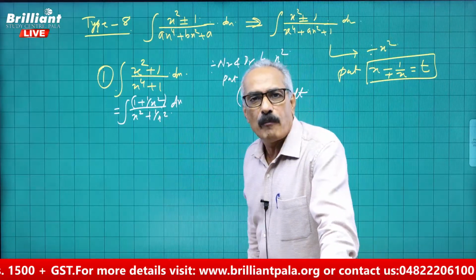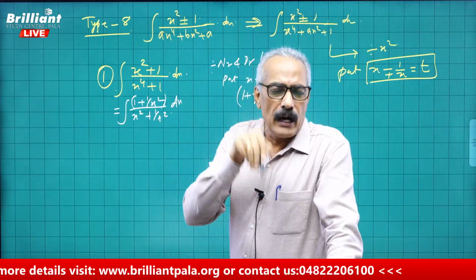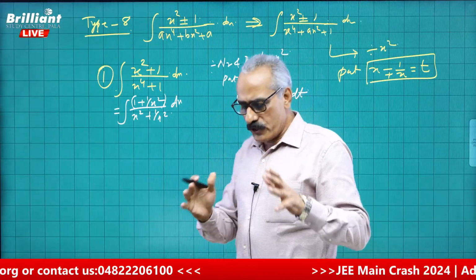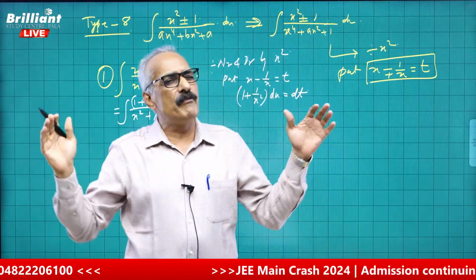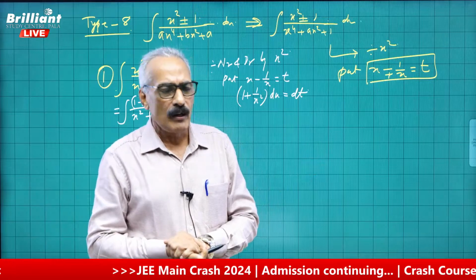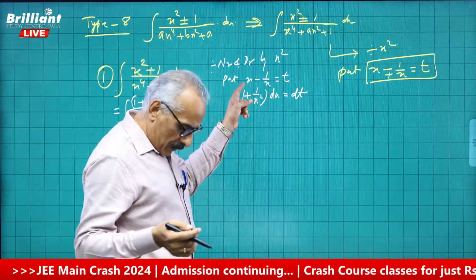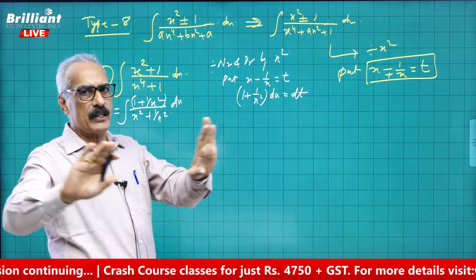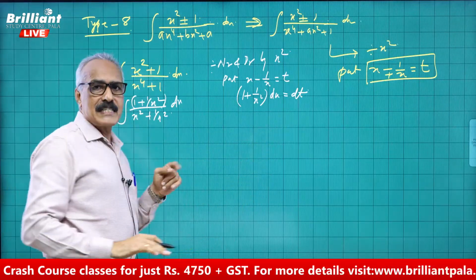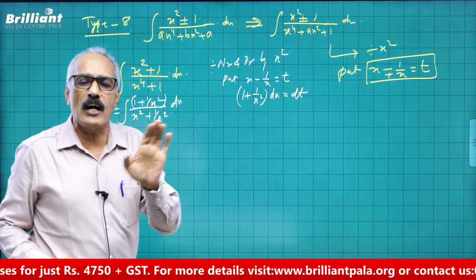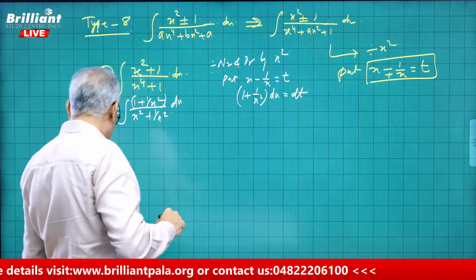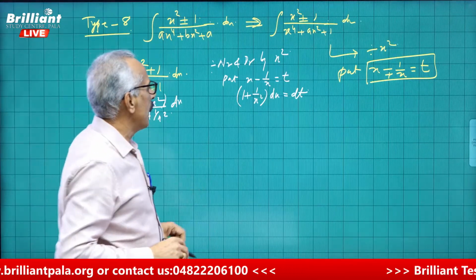But there is a denominator which is not at all expressed in terms of t. When you are changing your variable x into t, every x must be changed into t. That's our next thing to be done.